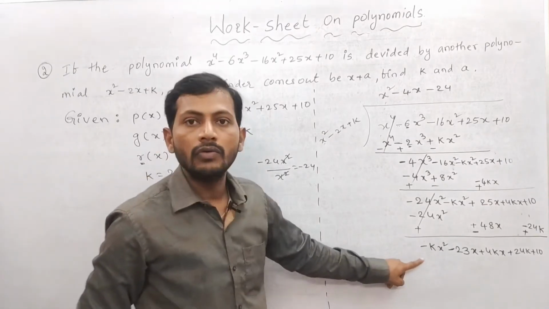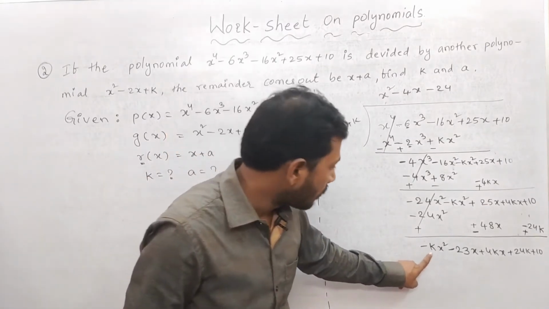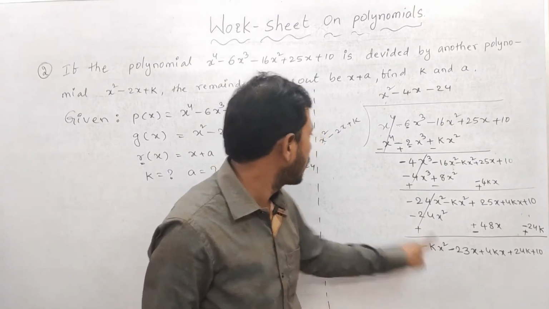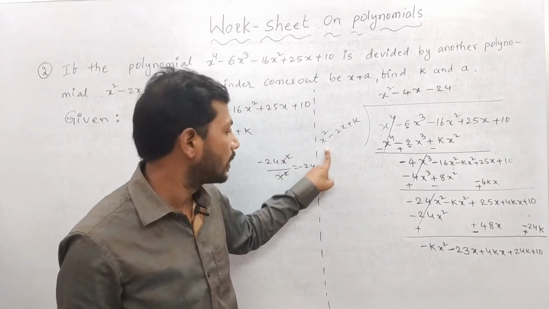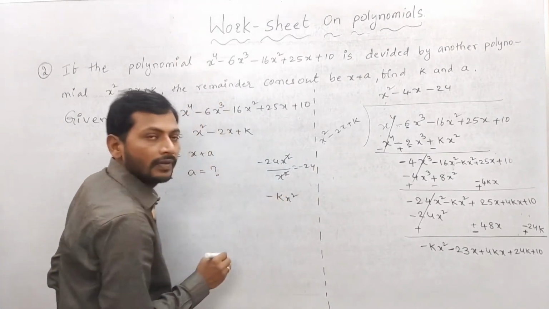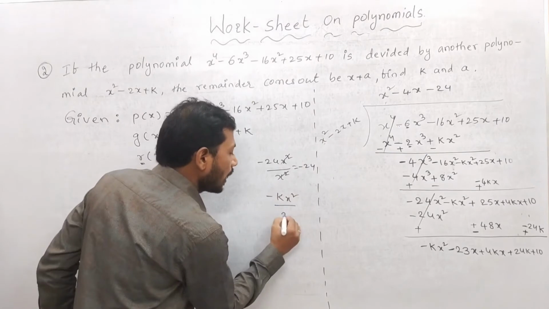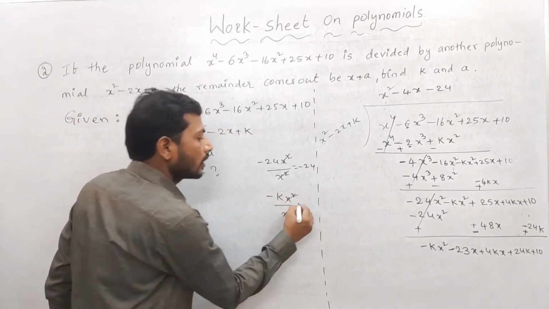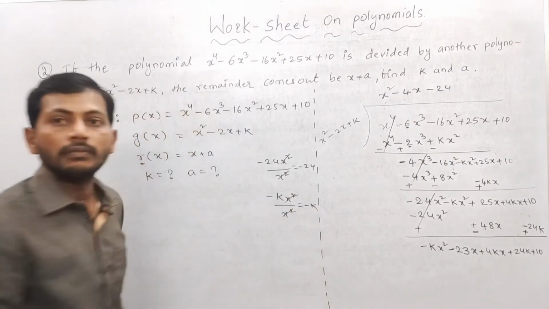And next, try it. Which term do we have to cancel? Sir, lastly I have to cancel the term minus kx square. Then minus kx square, here what is there? x square is there. Then you have to take like this. Sir, minus kx square I am having, and I am having the term x square, then x square gets cancelled. Which term do you have to take? Minus k.